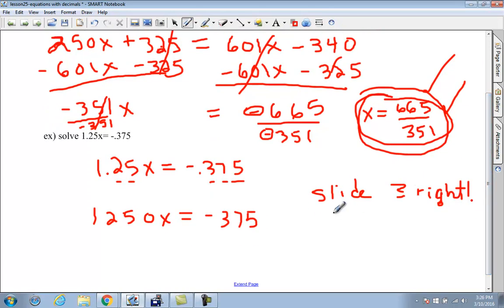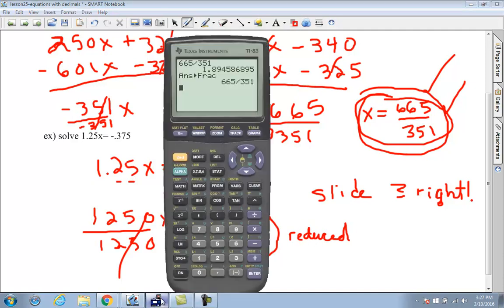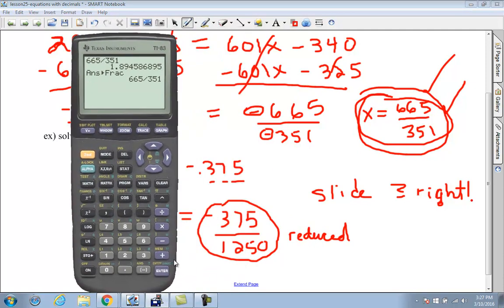And like I said, the final stage is just divide by the coefficient. And when you arrive here, this makes me happy. It's just that we'd like to see that reduced. And for time's sake, I could divide by 25 or 5 until I got it reduced.